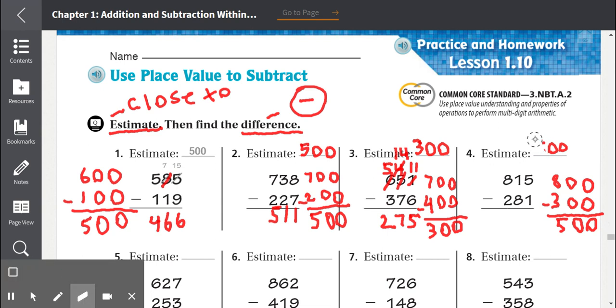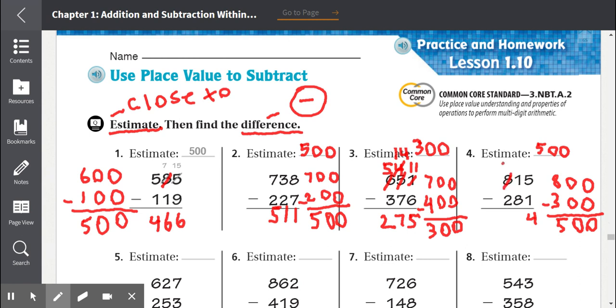Now let's find the actual answer. So we start with the ones place. 5 minus 1 is 4. Then the tens place, 1 minus 8, we can't do that. So we have to borrow from the hundreds. We take 1 away from the 8.